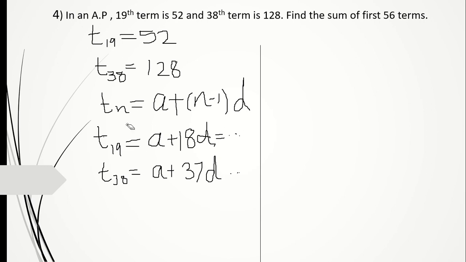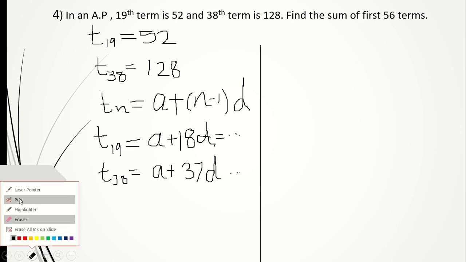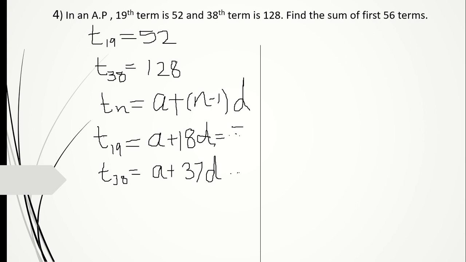So a plus 18d, the 19th term, is equal to 52, and the 38th term is 128. Now just subtract.